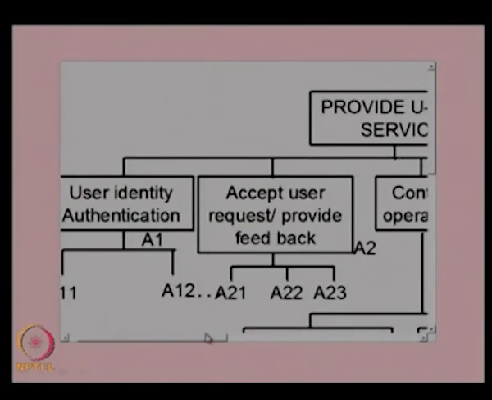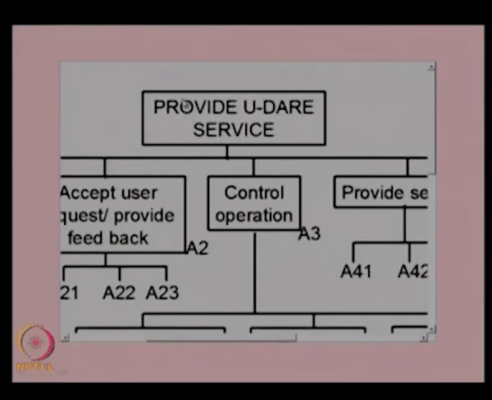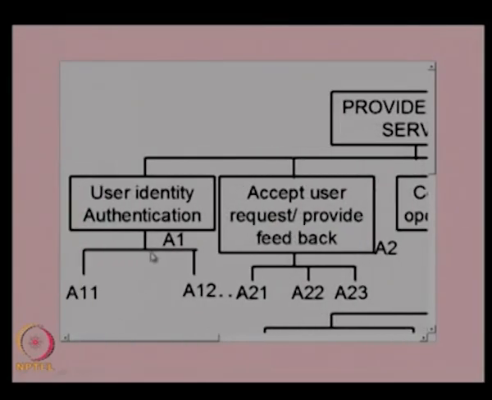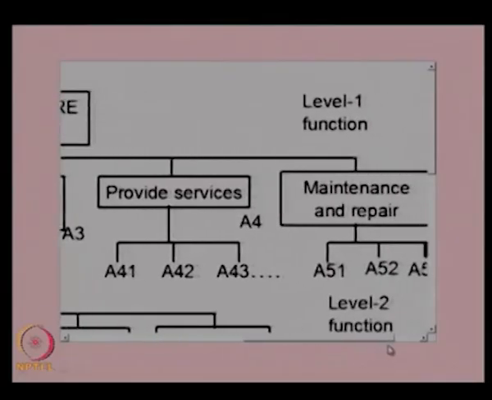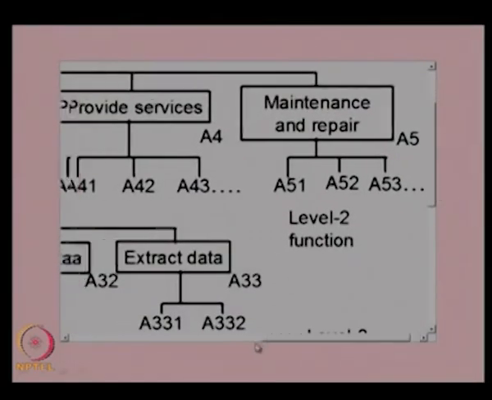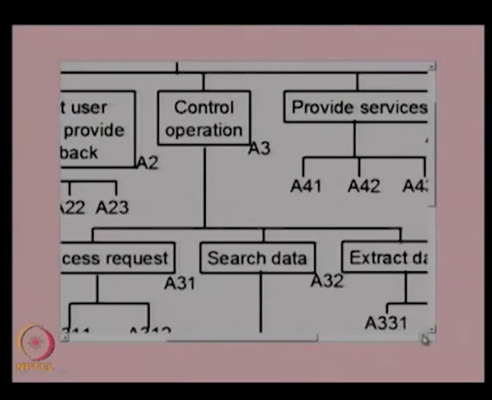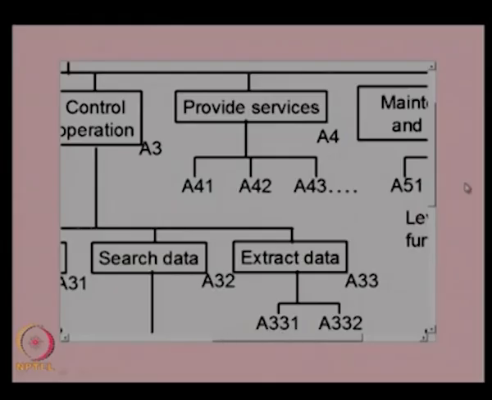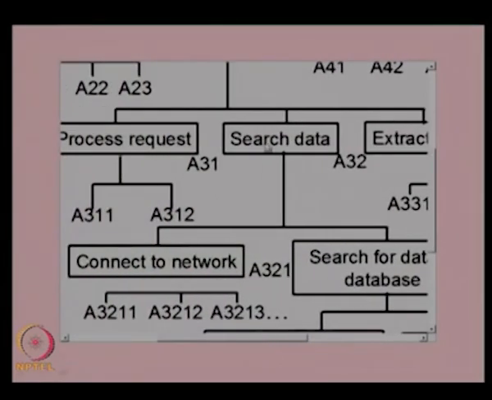So this actually shows more clear view of the function. So the provide UDARE services is the main function, and these are the sub functions A1, A2, then A3 and A4 and A5, and then you can decompose this A3 function into its sub functions A31, A32, A33, and then further down we can go, A32 can be decomposed to 321, 322 and so on.